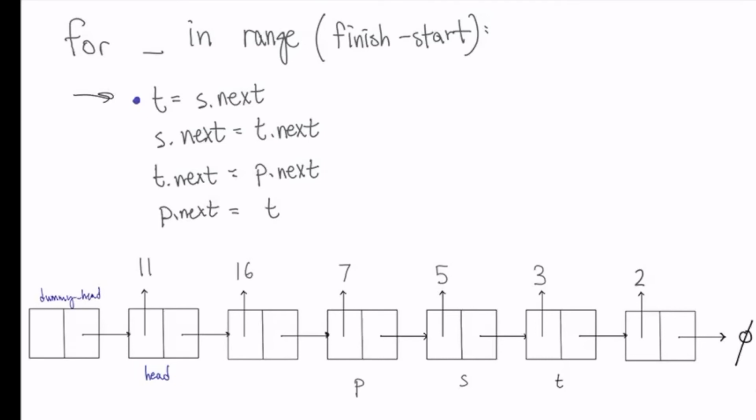Now the next 3 lines are dealing with the arrows, and we're going to be making it so that these arrows point to different nodes so that they're effectively switched like that.